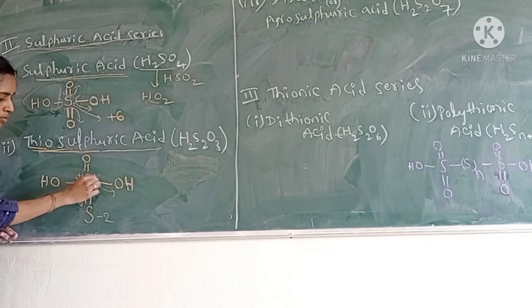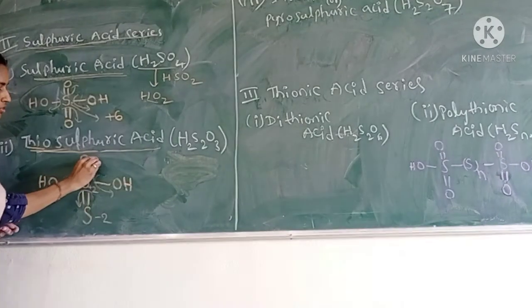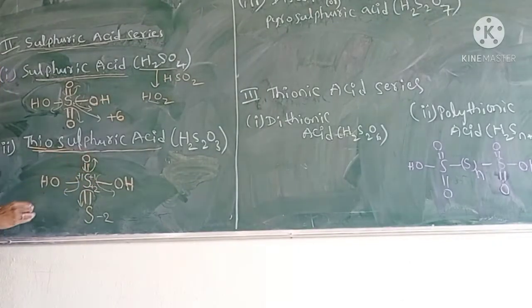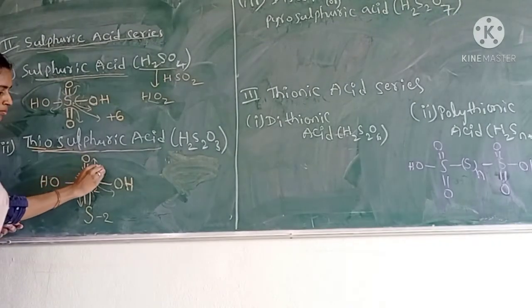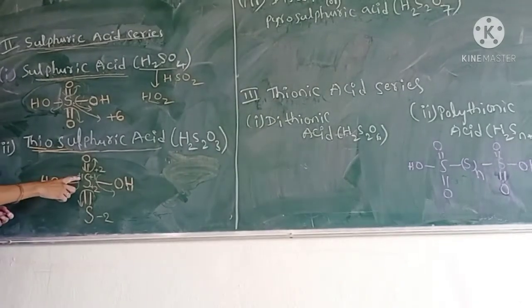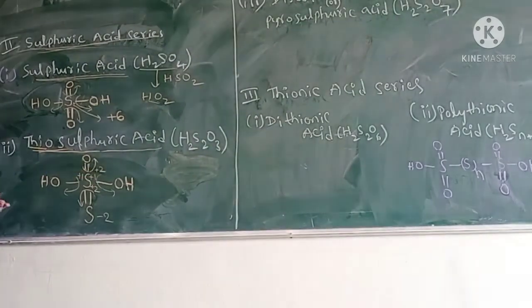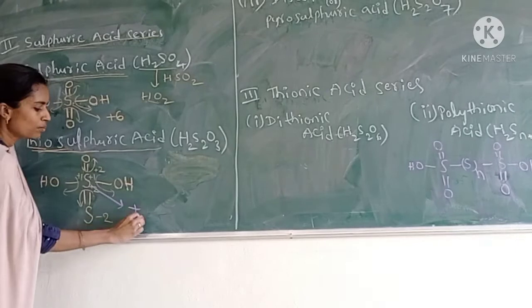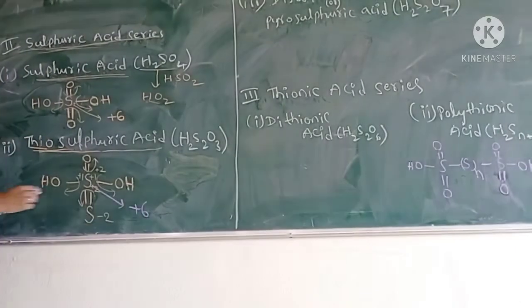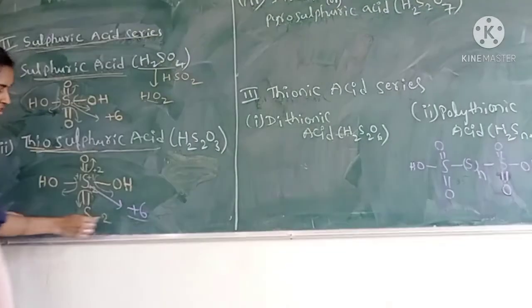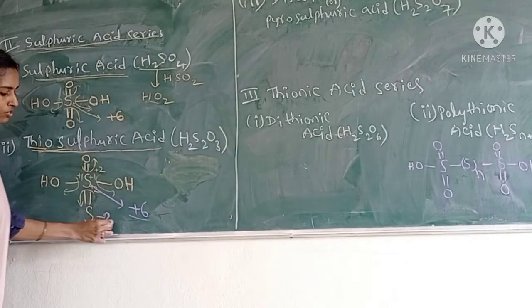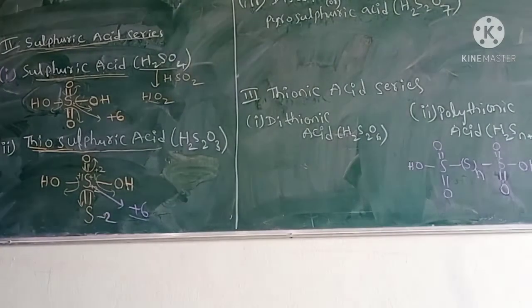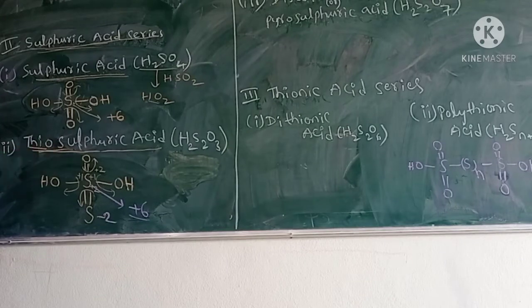Here also these two bonds will move towards oxygen, giving +2. So in total this sulfur will exhibit +6 oxidation state. So this sulfur is in +6 oxidation state, and this sulfur is in -2 oxidation state. So this is the structure of thiosulfuric acid.